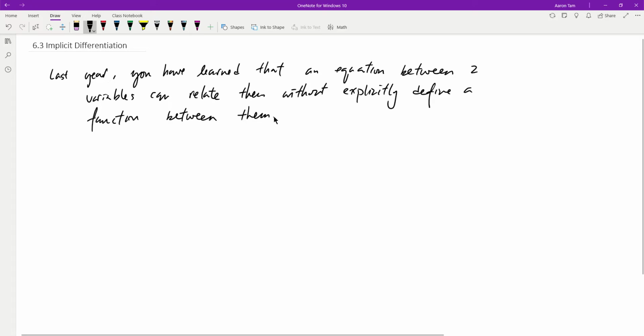An example of that would be an equation like x squared plus y squared equal to 1.